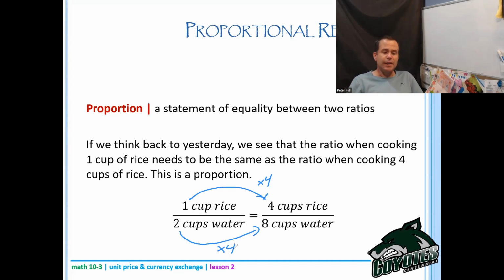The other way to look at it is a process called cross multiplication. Now, I'm not a big fan of the word cross multiplication because I find that students often come to me and use it in the wrong context. The only time that you can use cross multiplication is when you have a fraction equals a fraction.